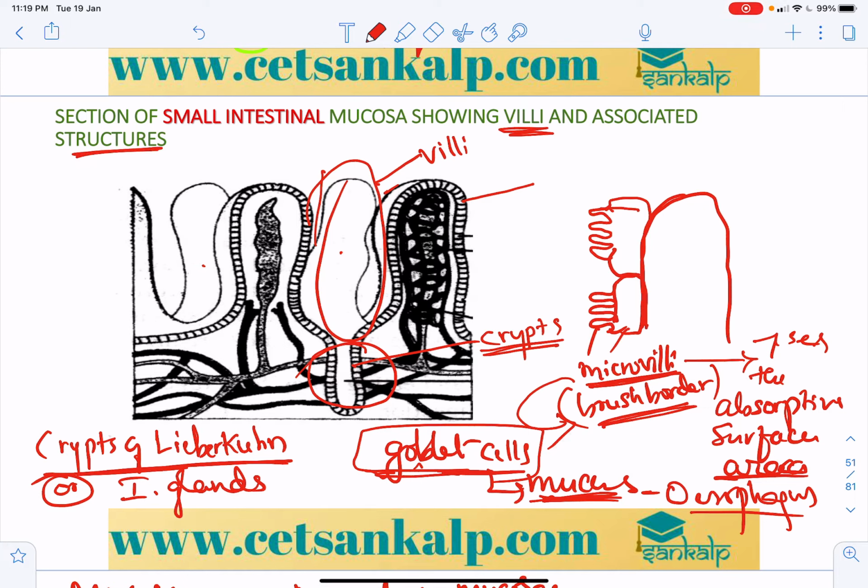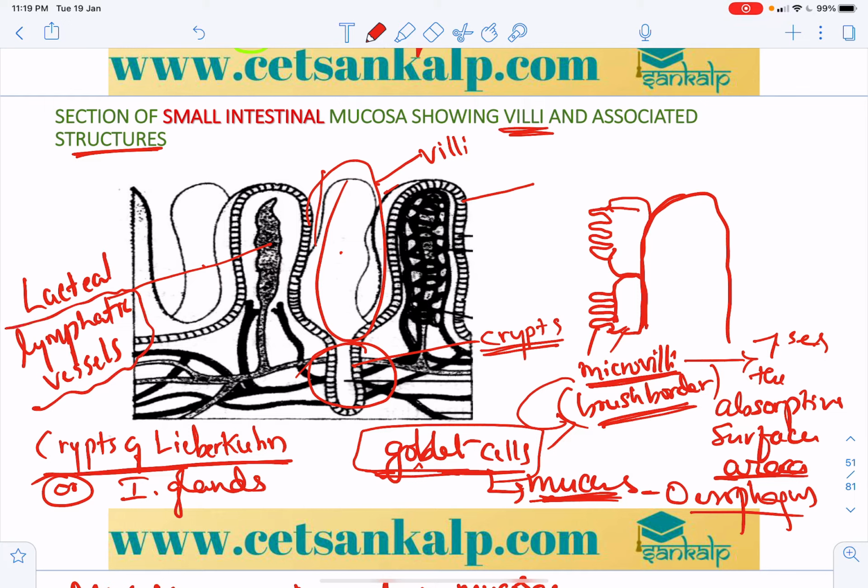Villi mainly consist of lacteals, the lymphatic vessels of the villi, which help in the absorption of fatty acids.